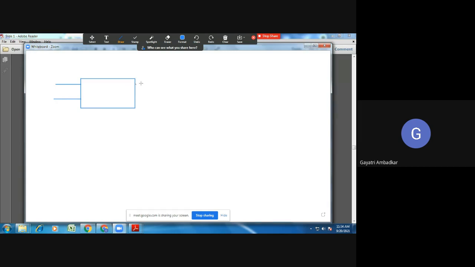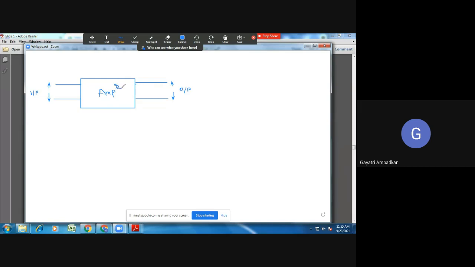So if I say this is an amplifier, so amplifier is a two-port device, and we apply input signal in between these two terminals, and we take the output in between these two terminals. So here we used to apply input signal, and here we used to take output signal, and this is our amplifier.